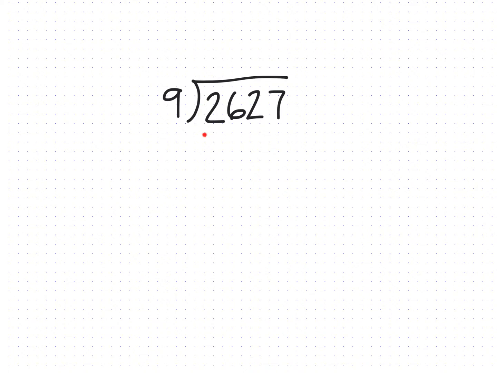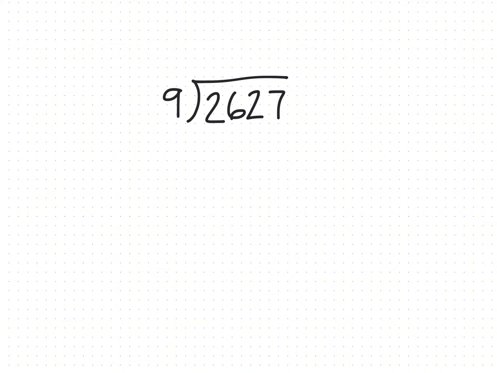We can't divide the 2, so we have to go into the 26. So what I want you to do is go ahead and think about how many times you can divide 26 into groups of 9. I want you to write that number right up here.